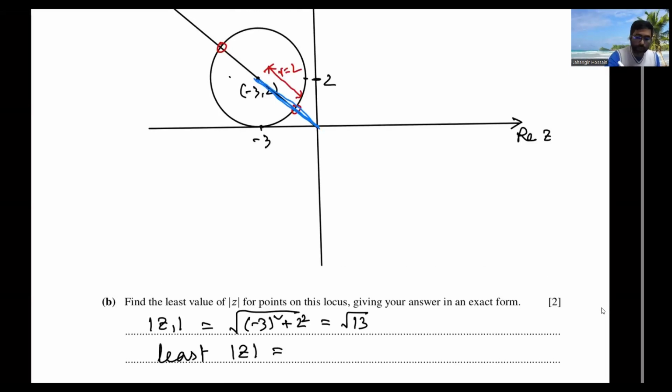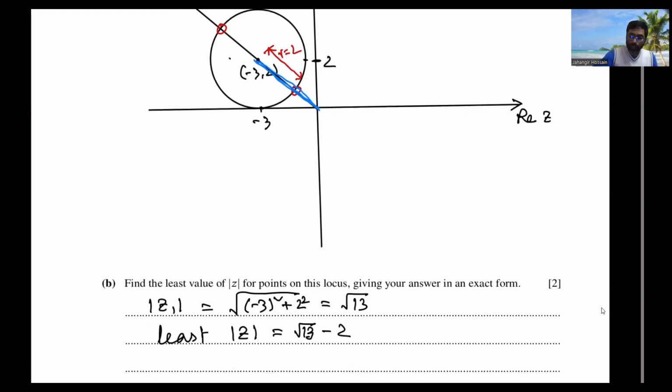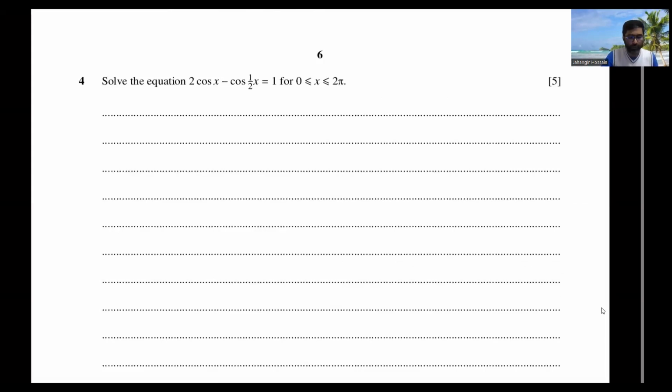So the exact value of the least modulus of Z will be root 13 minus 2. So that's part B in exact form. Okay. Next, move on to question number 4.